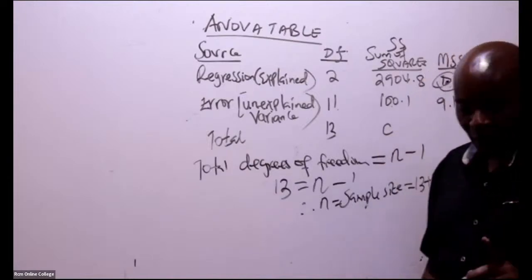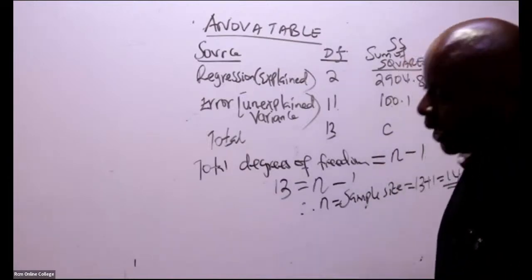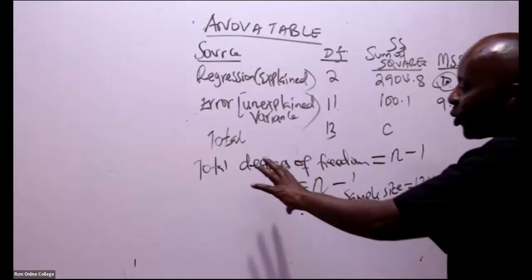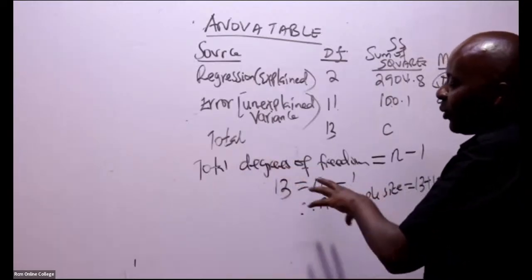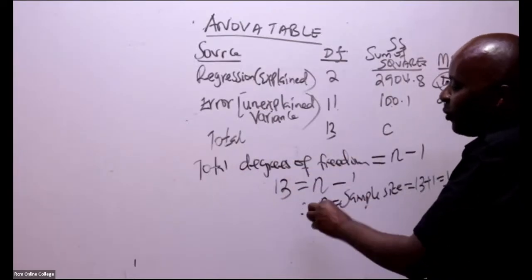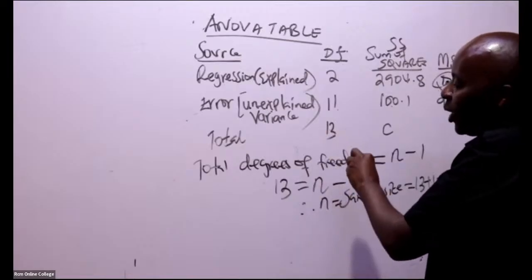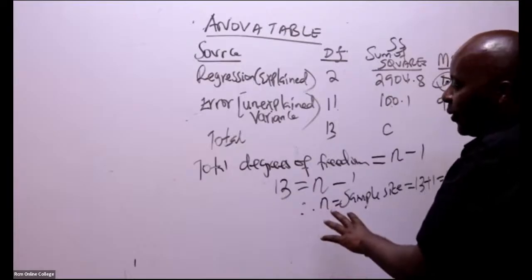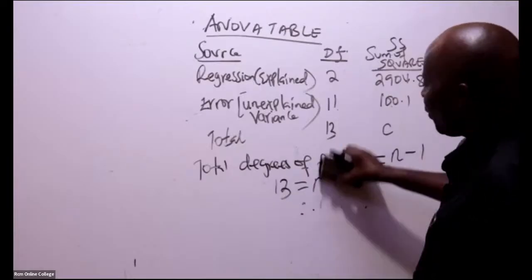The other one is what we call the error degrees of freedom. Here they have given us the degrees of freedom, and we have ended up getting the sample size, which is very good. Our sample size is 14.